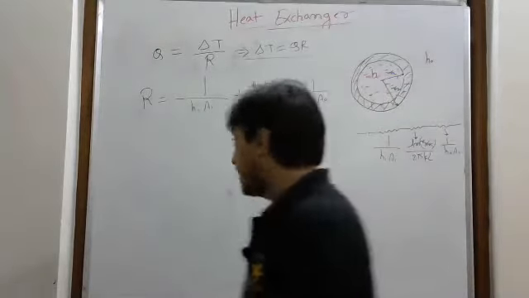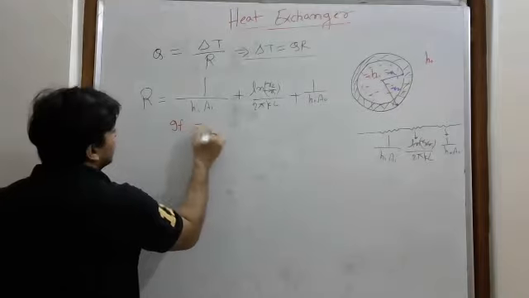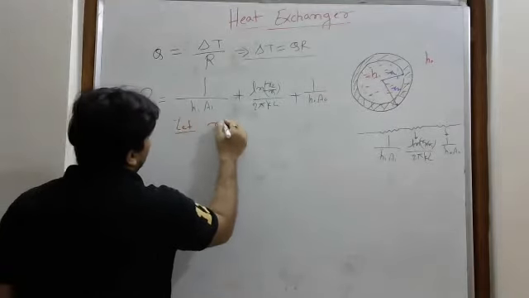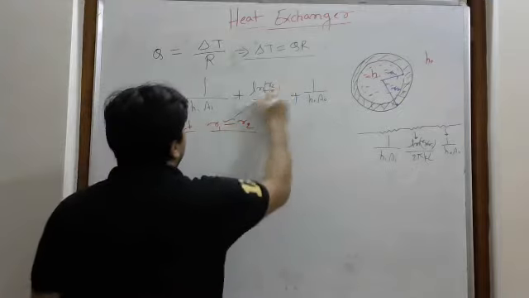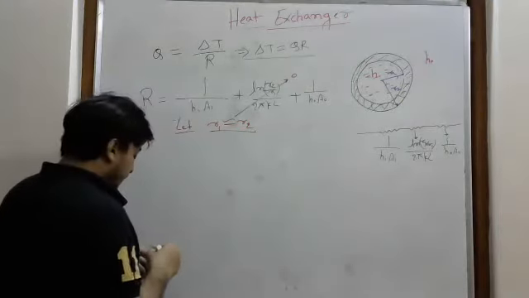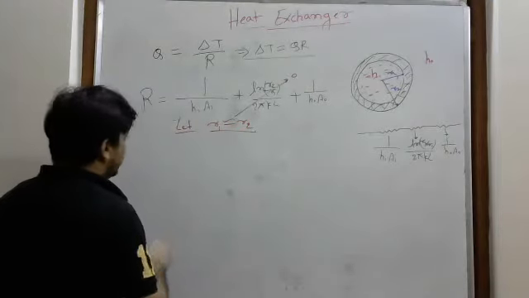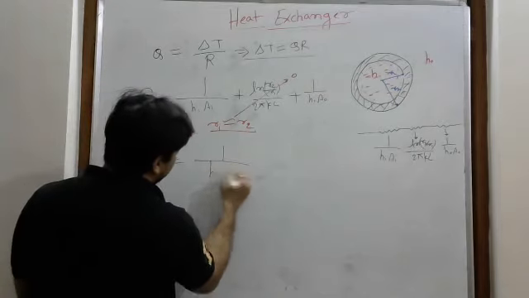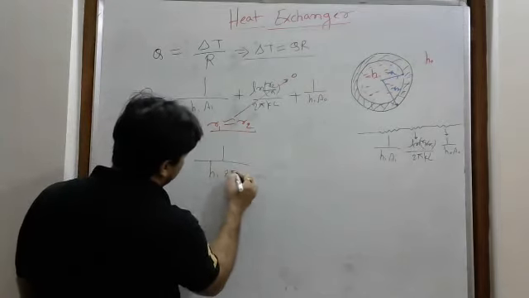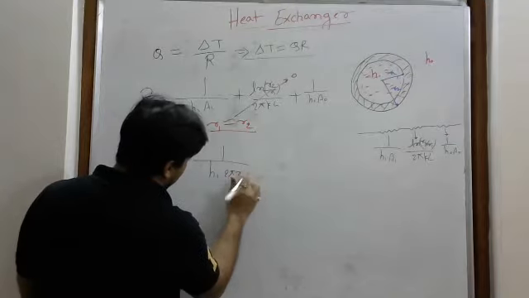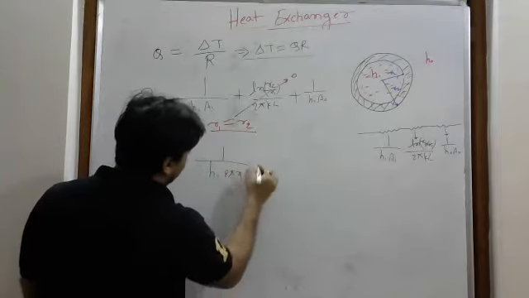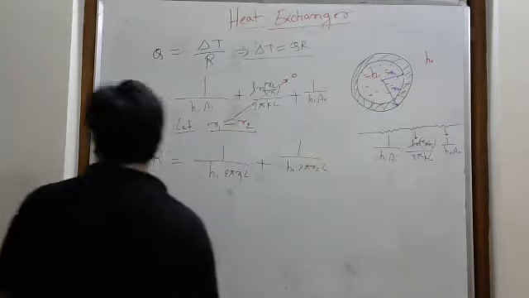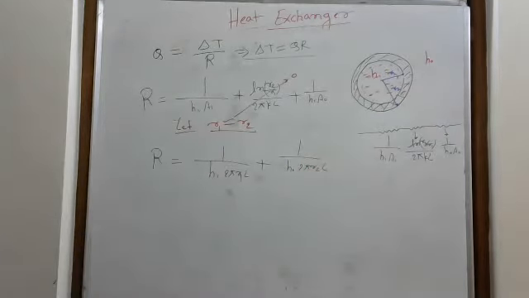So let R1 be approximately equal to R2. Then the log term will be gone. So R equals 1 by Hi into 2 pi R1 L plus 1 by Ho into 2 pi R2 L. This is the value we got.